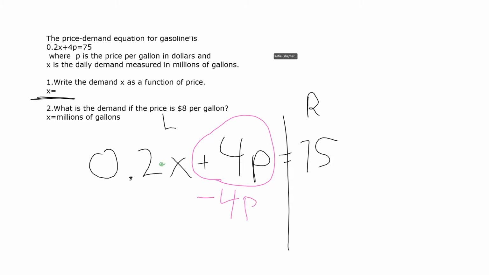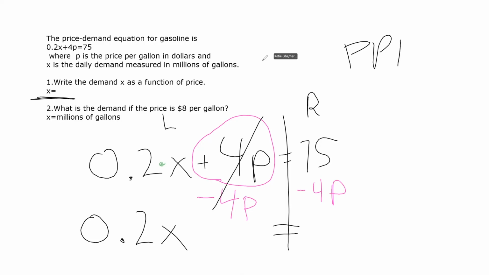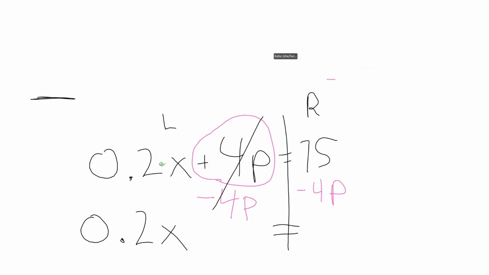4p. Like I told you, if you do it on the left side, you must do it on the right side. You rewrite your equation every time. Yes, I know it's annoying, but please trust me. If I have 4 p's, 1, 2, 3, 4, that's what 4p means, and I subtract 4 p's, well, that's 0 p's.